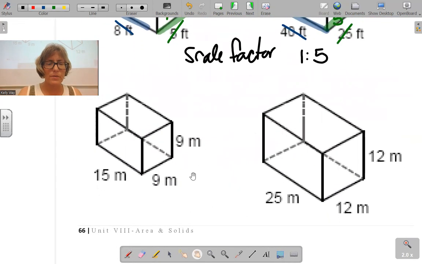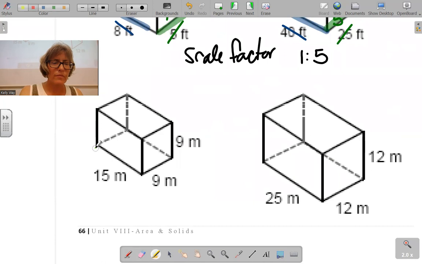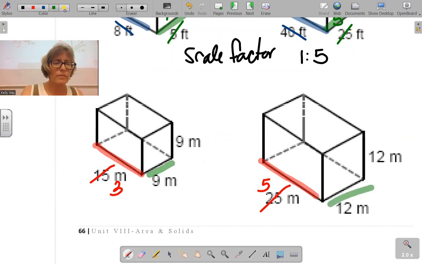Let's try these guys. Edge to edge, 15 to 25. 5 goes into both. Three goes into both there.